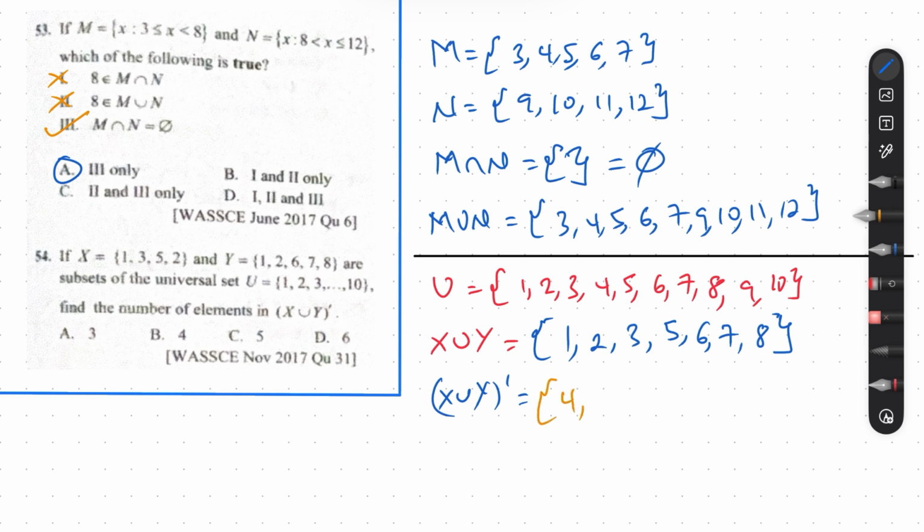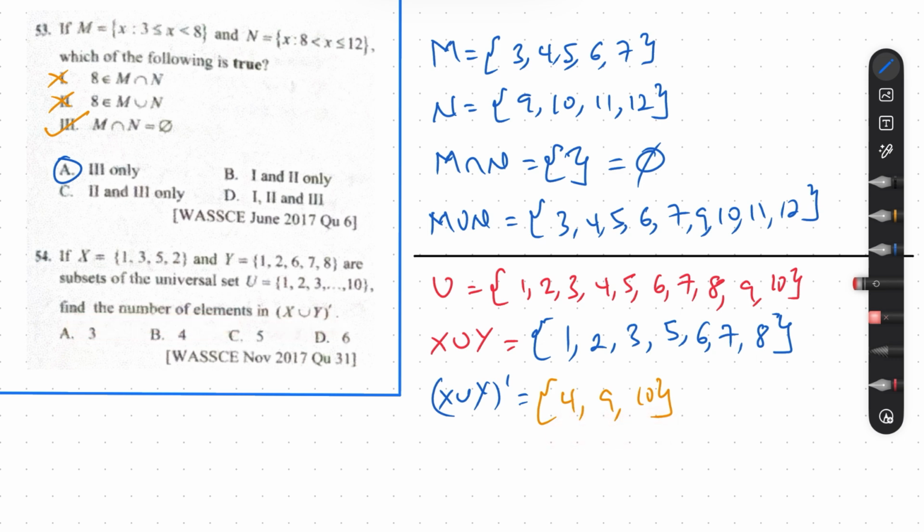What else? 5 here, 5 here. 6 here, 6 here. 7, 7. 8, 8. Now we have 9 and 10. 9 here, 9 not here, so 9 will come here. 10 here, 10 not here, so 10 will come here. So we have 9, 10. But the question says, find the number of elements in X union Y complement. So we just need to count this.